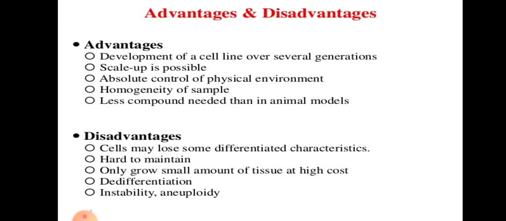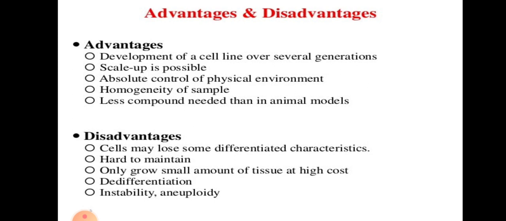Next, what are the advantages and disadvantages of tissue culture? Let us talk first about the advantages. Development of a cell line over several generations. The particular tissue which we cut from a desired plant will develop a cell line over several generations.